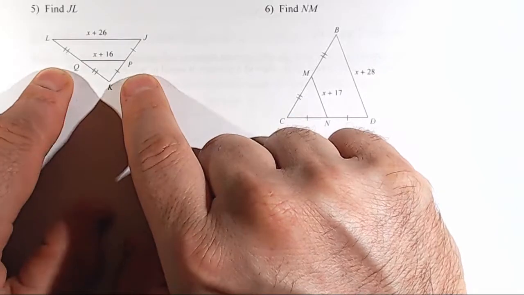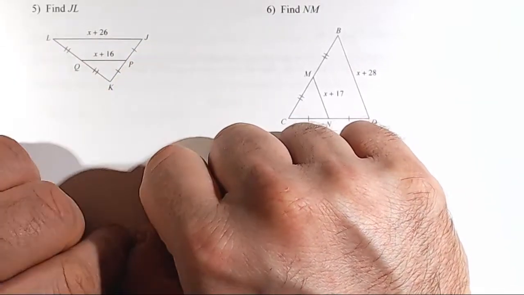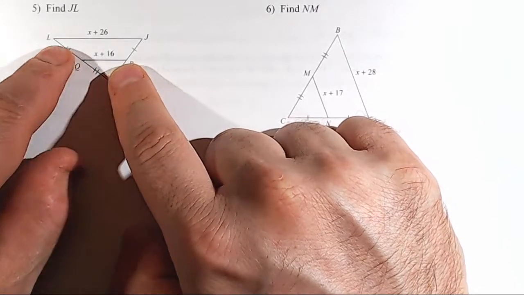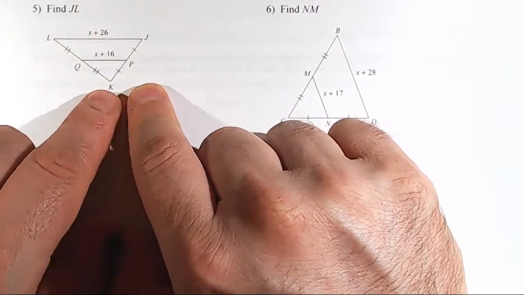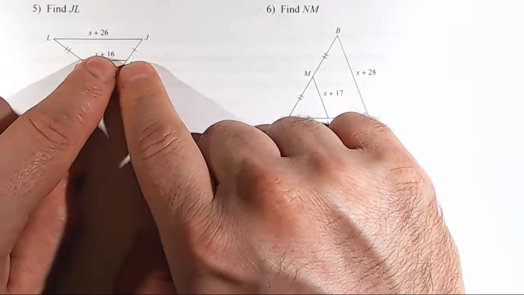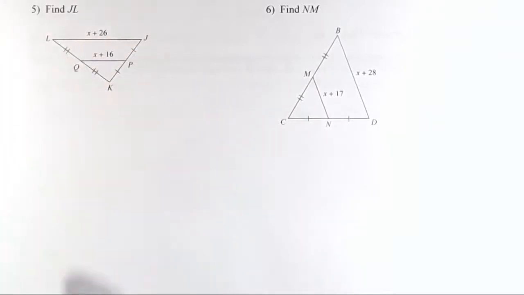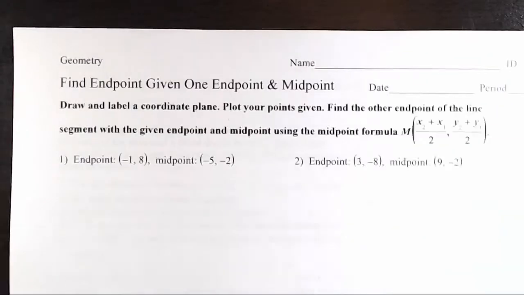So I should have said it this way. QP is half the length of LJ. And so you just basically say x plus 26 is equal to 1/2 times (x plus 16). This is half the length of this, and that's the midsegment theorem. No big deal there.